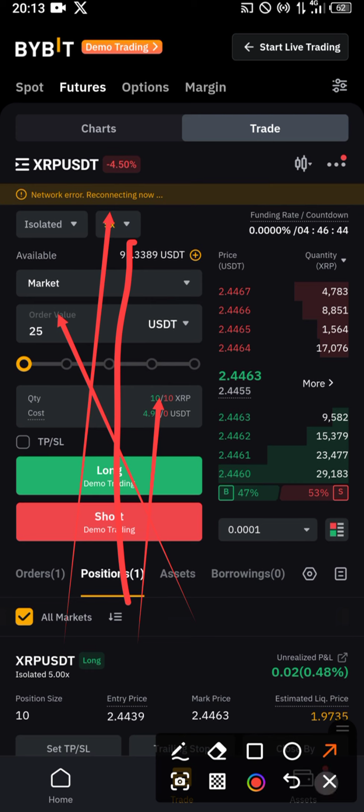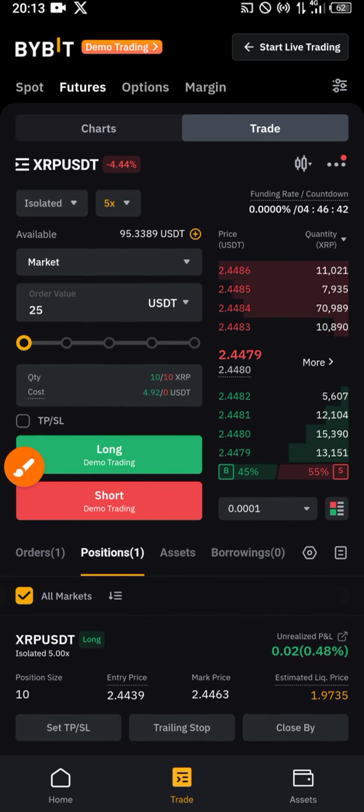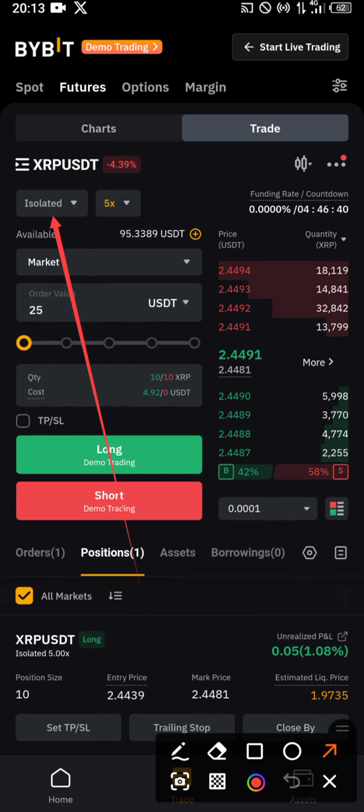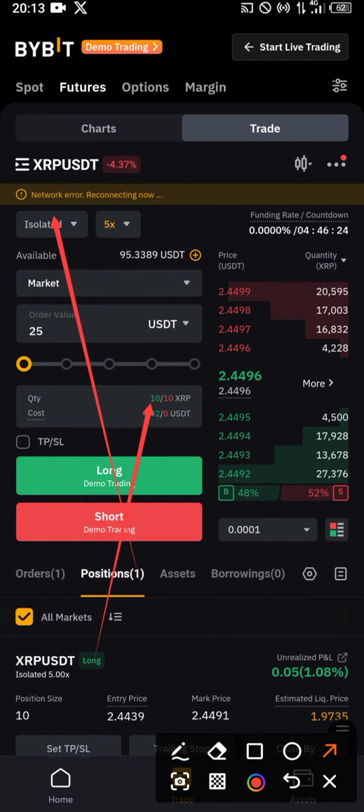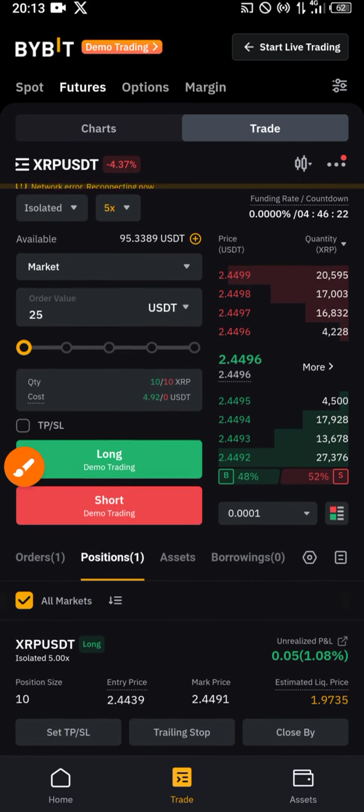Now, when you set your margin type to isolated, this isolated right here, that means you can only lose 4.91 or 4.92, the amount you use to enter the trade. You can't lose higher than this or less than this, right?